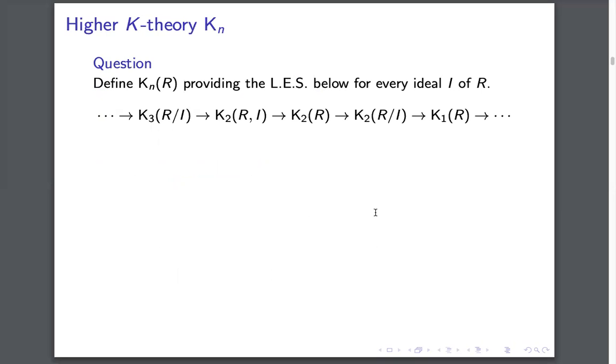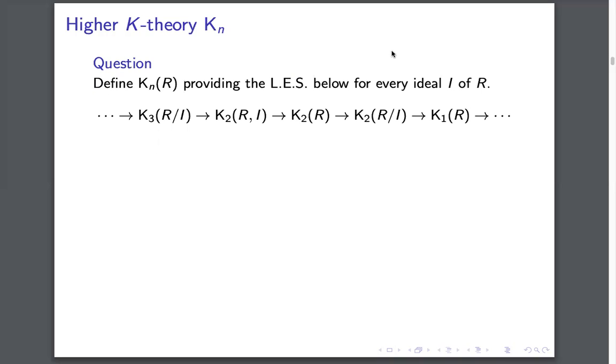In particular, if you have, for instance, an ideal of your ring R, what would you expect for such a homology theory on R? First of all, you would want it to agree with the existing definition of lower algebraic K-theory groups.